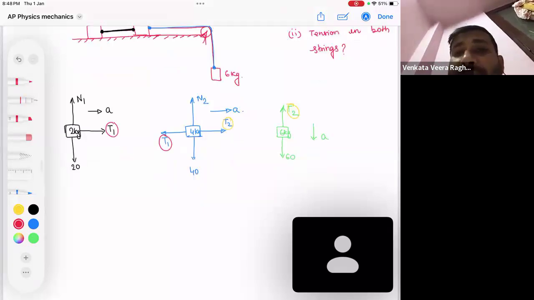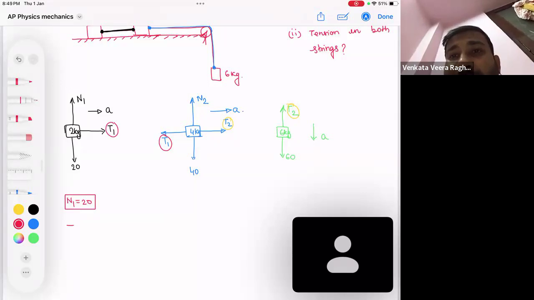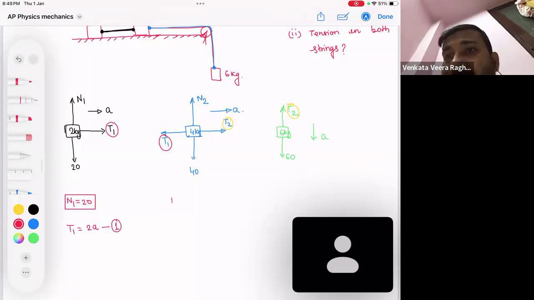For the 2 kg block, I will write N1 equal to 20. That gives me the answer straight away. And the second one, T1 equal to mass into acceleration. Let's go to the 4 kg now. N2 equal to 40, that we solved straight away.